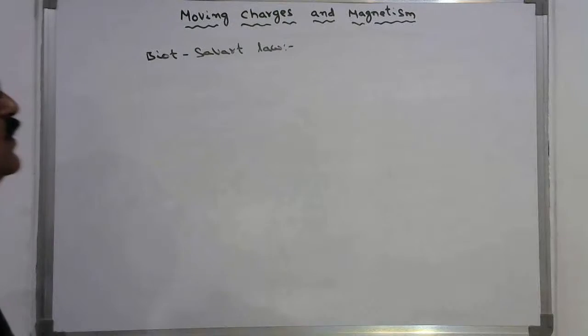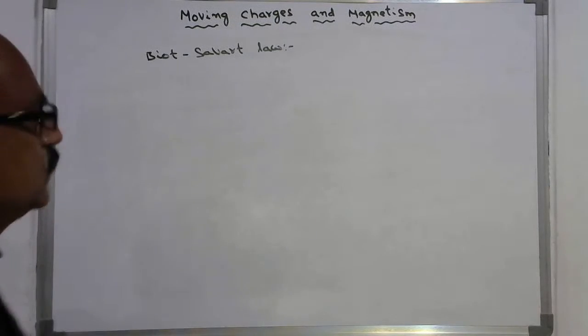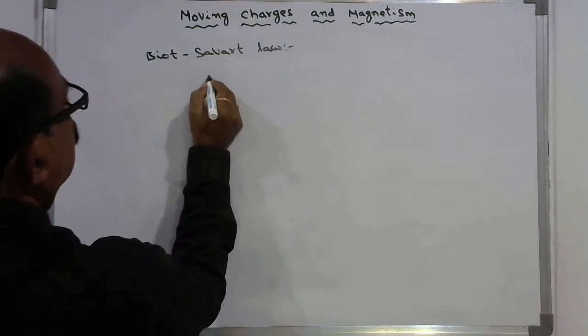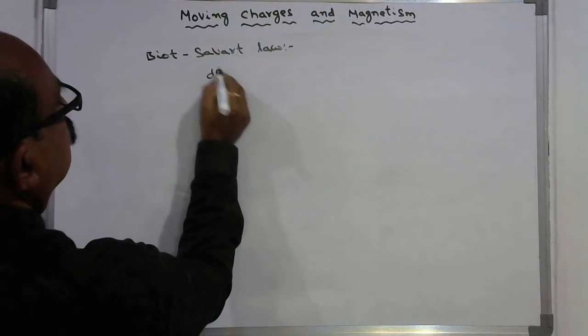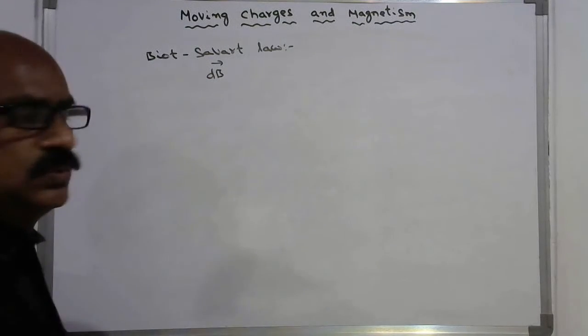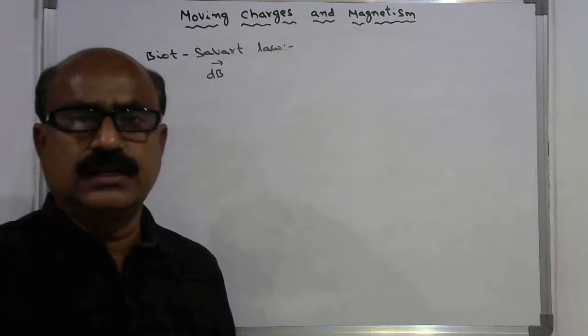According to Biot-Savart law, yes, we can determine the magnetic field intensity due to a current carrying conductor.